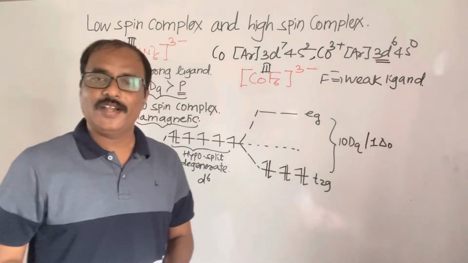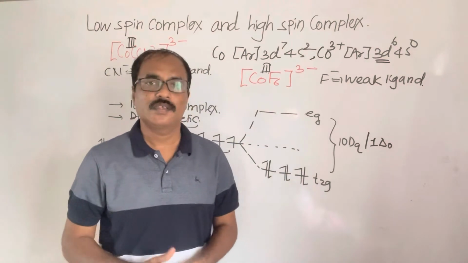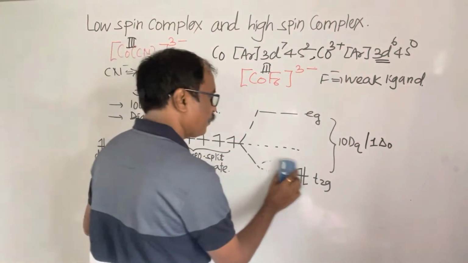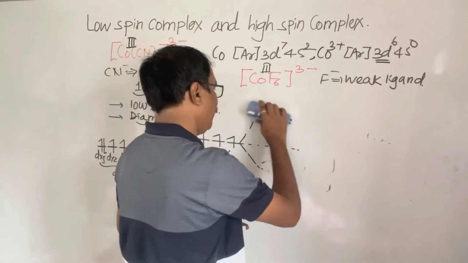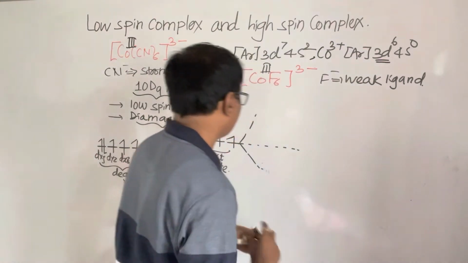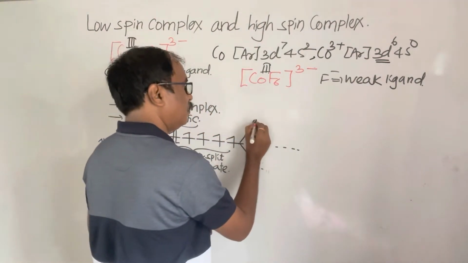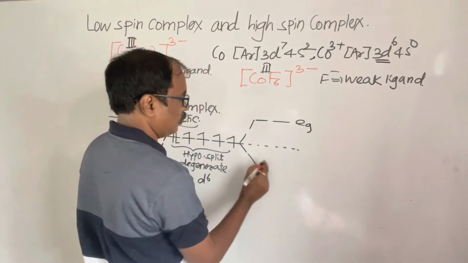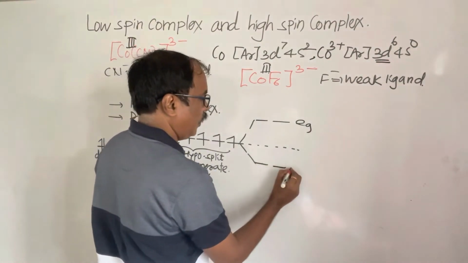तो splitting of d atomic orbitals will be less. यहाँ पे splitting कम होगा. So splitting will be like this. Splitting of d atomic orbitals will be less. Eg है, T2g है.